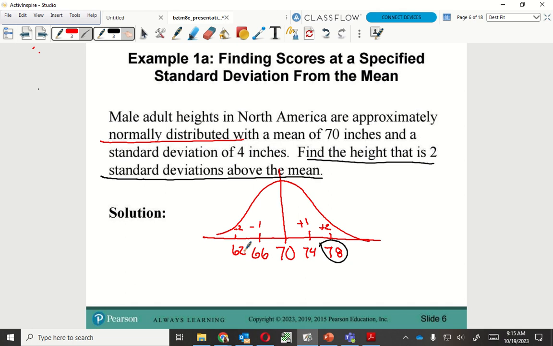And what would my plus 3 be? 82. And my minus 3? 58. Very good.